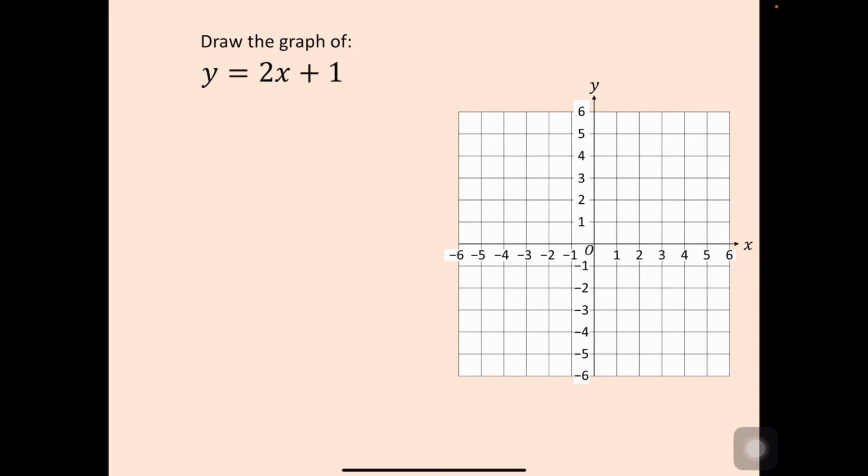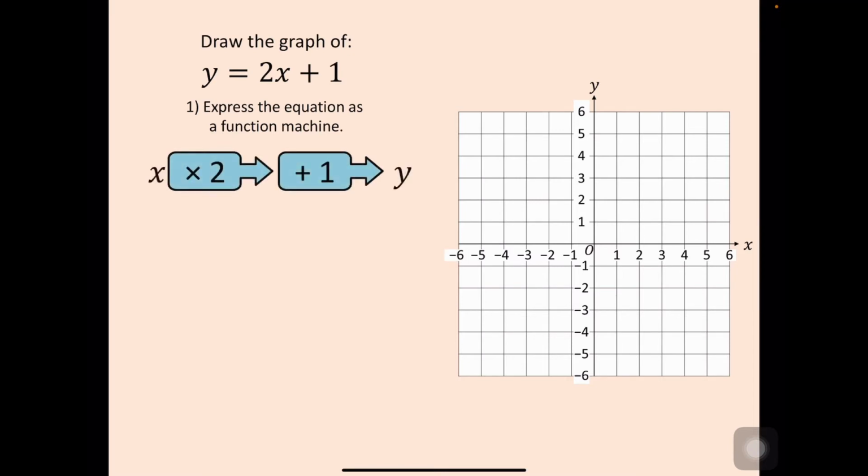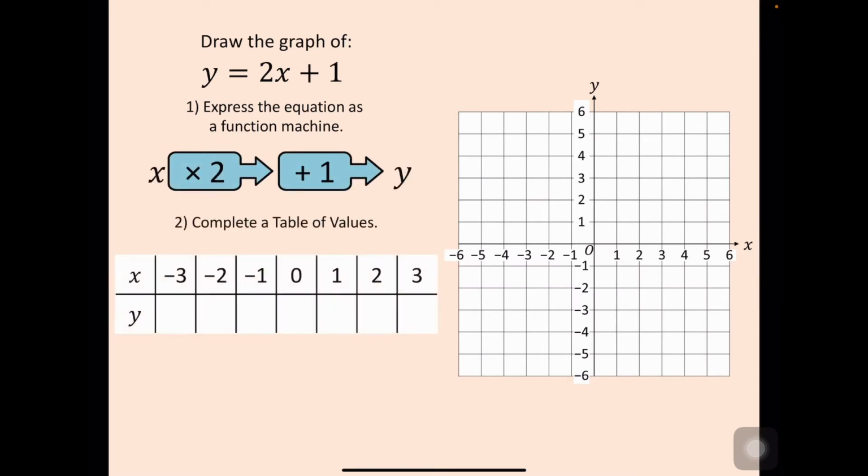So now, in terms of our function machine, there are two operations taking place. One is multiplying by 2, and then we're adding the 1. So complete a table of values. I'm actually going to do it up here. Negative 3 multiplied by 2 is negative 6. Then, so we've done the first bit, multiplying by 2.